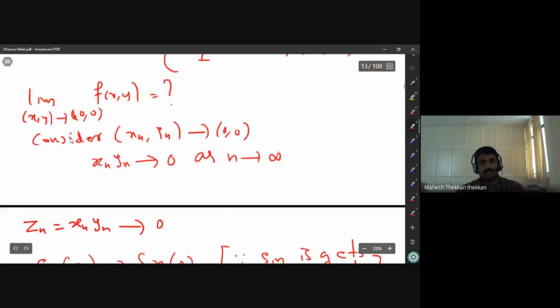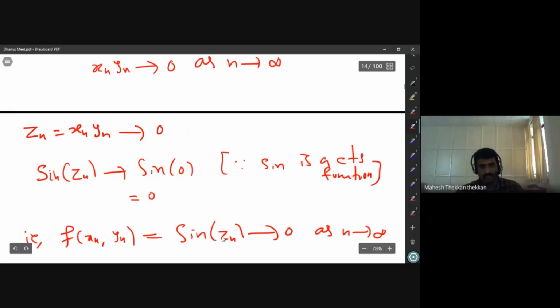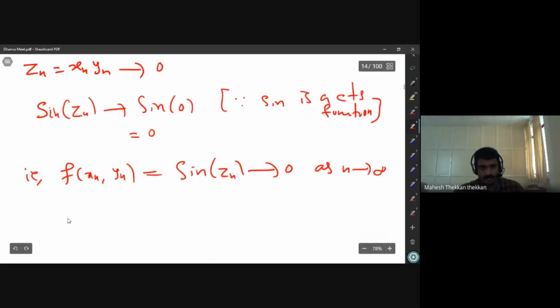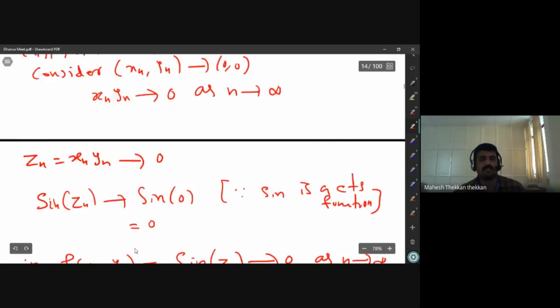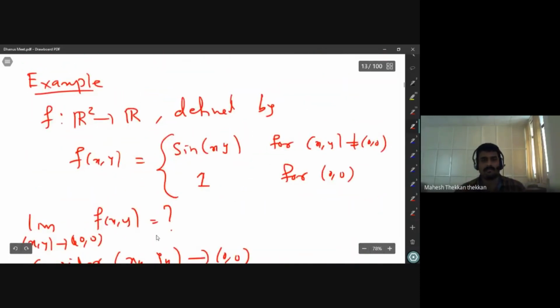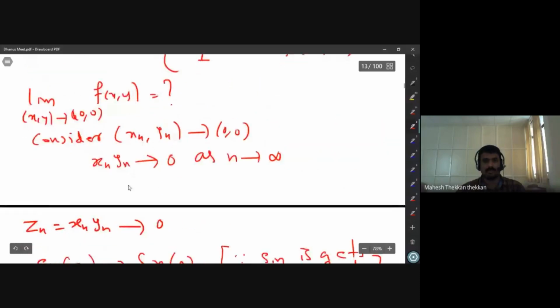So if you take any sequence (xn, yn) converging to (0, 0), then f of (xn, yn) converges to 0 as n tends to infinity. That means the limit of f of (x, y) as (x, y) tends to (0, 0) is nothing but 0. Okay. So the limit exists at (0, 0). That value is 0 only.